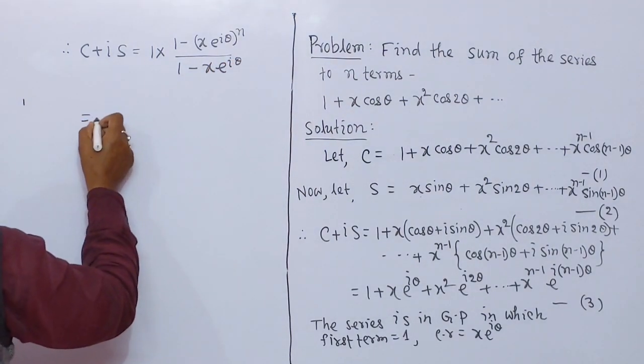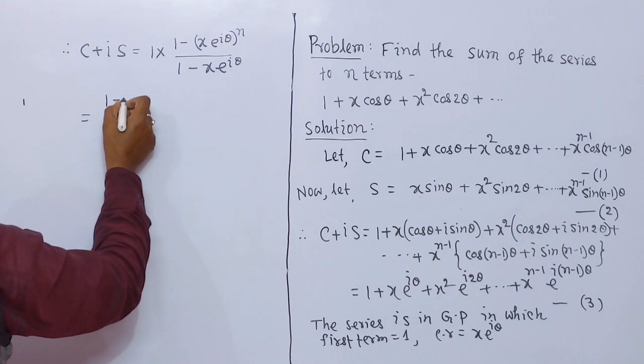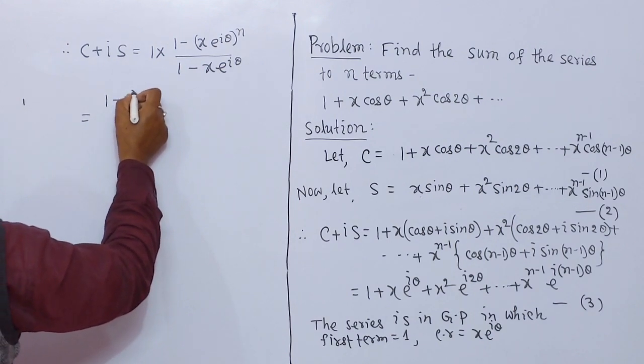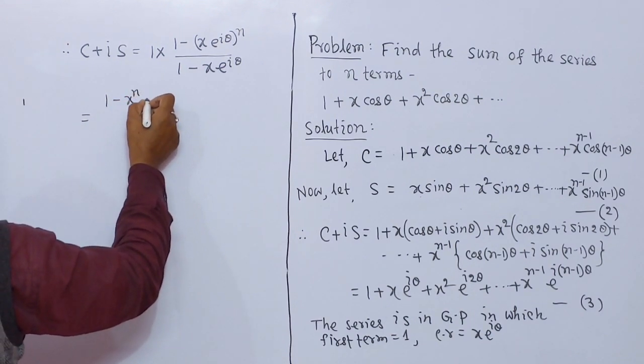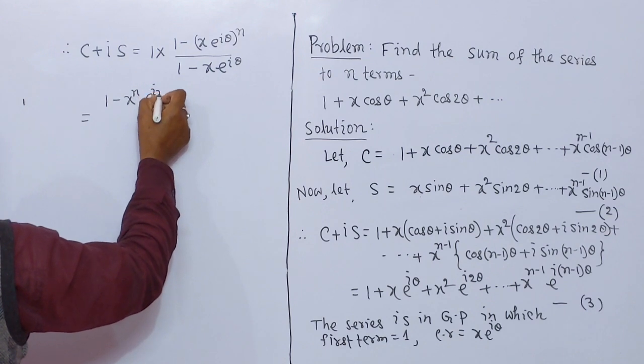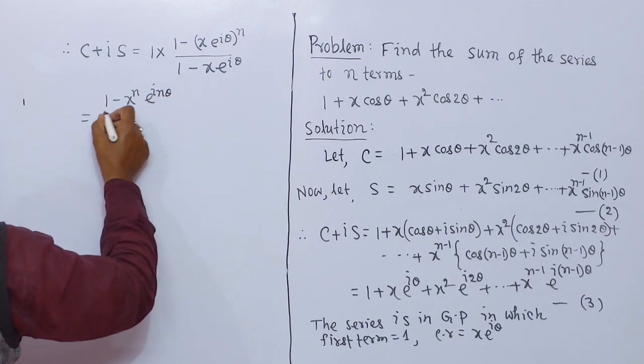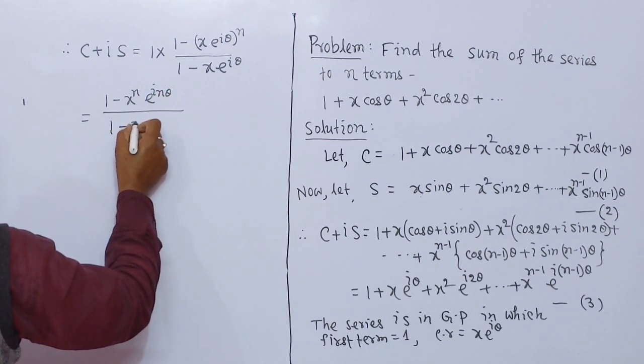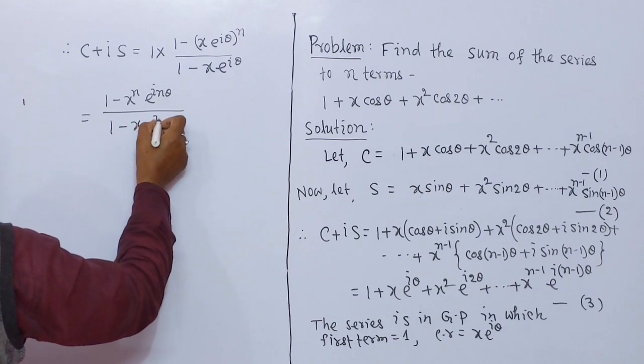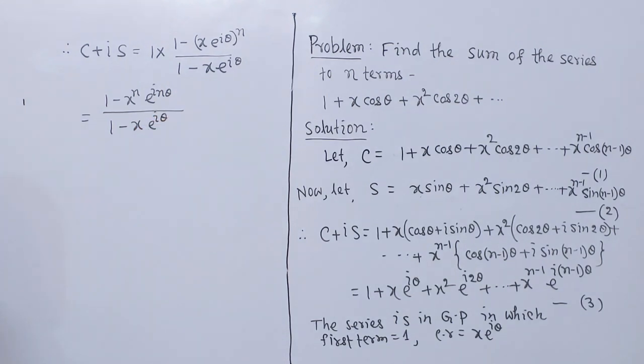This will be equal to 1 minus x to the power n e to the power i n theta by 1 minus x e to the power i theta.